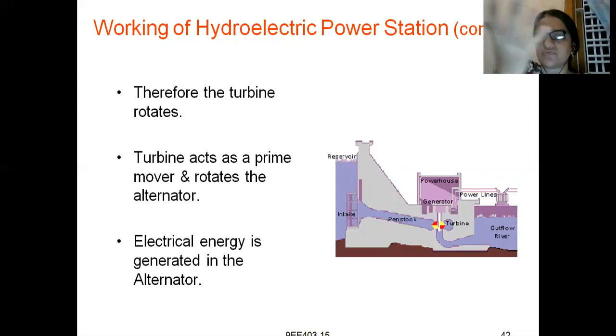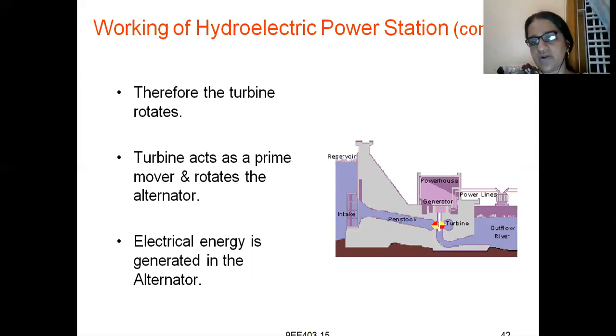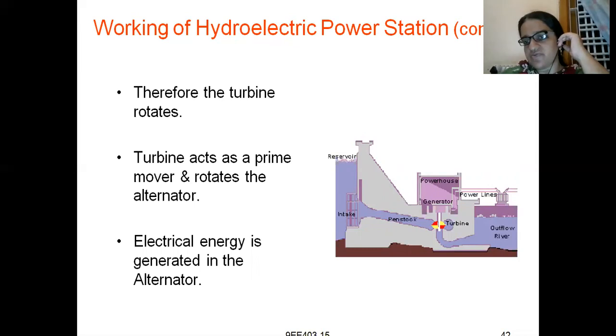As the blades rotate, the turbine acts as a prime mover and rotates the alternator. The blades convert the kinetic energy of the water into mechanical energy. Now the turbine acts as a prime mover. Prime mover means it gives mechanical energy to the alternator.